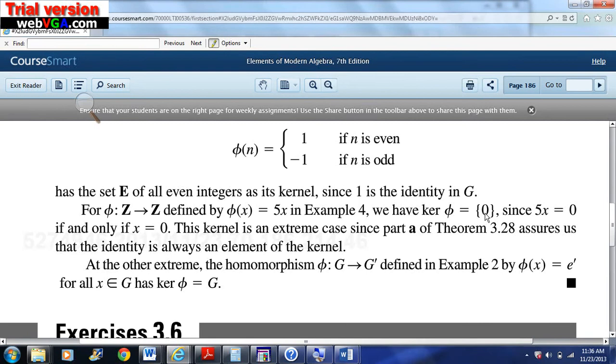That's the only element that you get in that set, since 5x equals 0 if and only if x equals 0. This kernel is an extreme case, since part A of theorem 3.28 assures us that the identity is always an element of the kernel.